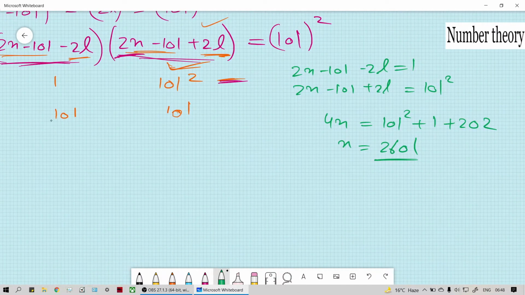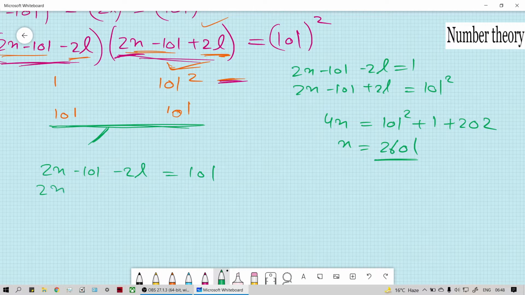And from the second, we get 2n minus 101 minus 2L as 101, and 2n minus 101 plus 2L again 101. We again add them up, we get 4n minus this as this.